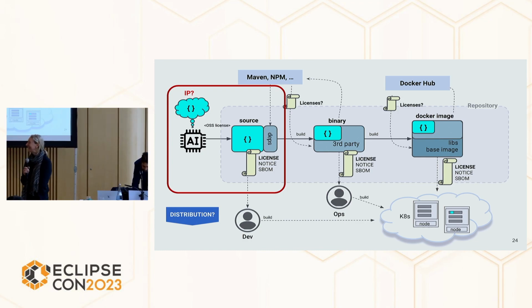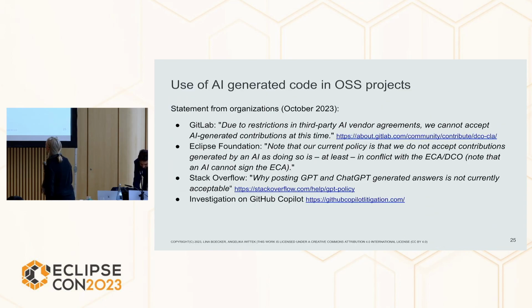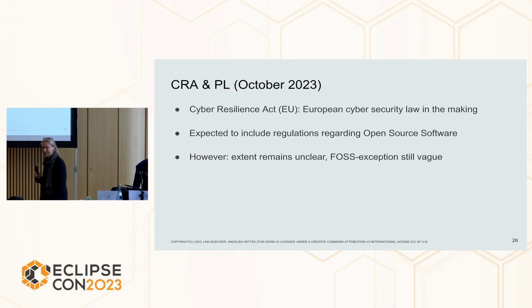That's not clear at the moment. We think something will happen, but at the moment, for example, at the Eclipse Foundation, it's not allowed to contribute AI-generated code. Other organizations have the same. GitLab has something. I think we have a slide on that. But we don't read over that, so we just go to the last.